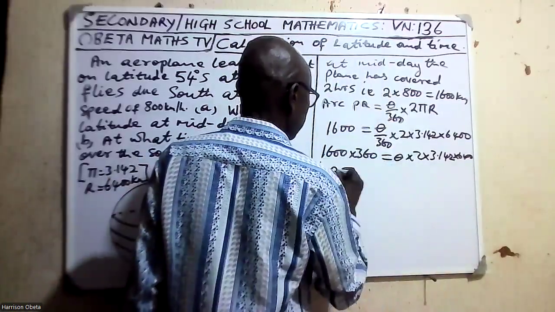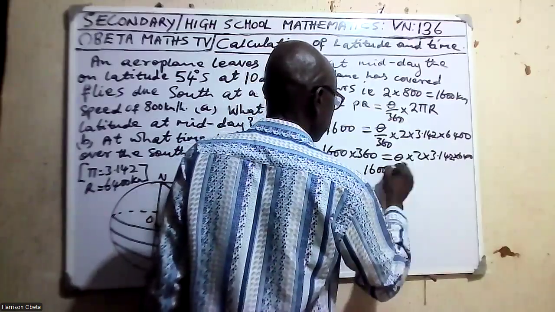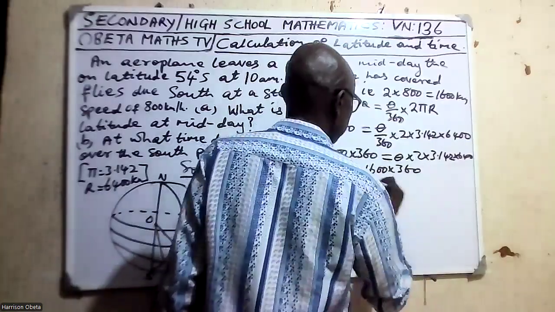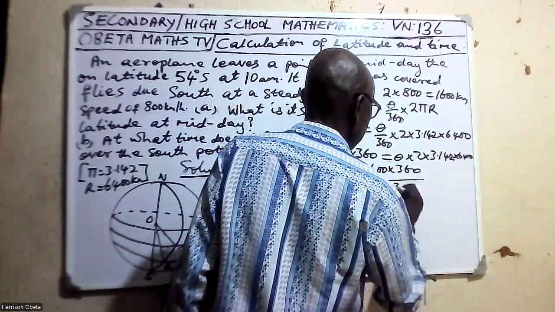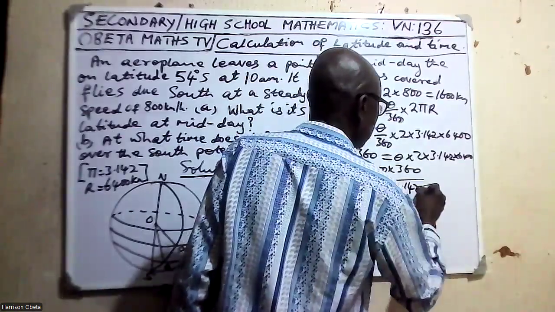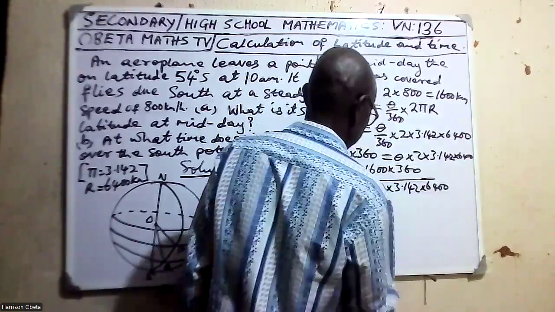Therefore, theta should be 1,600 times 360, and we are dividing by 2 times 3.142 times 6,400.